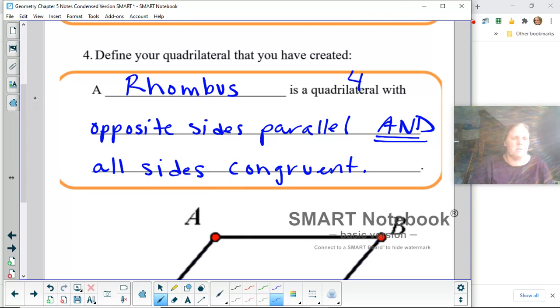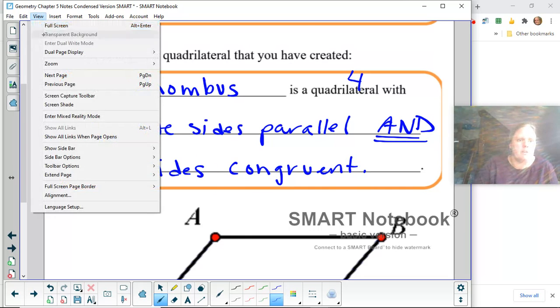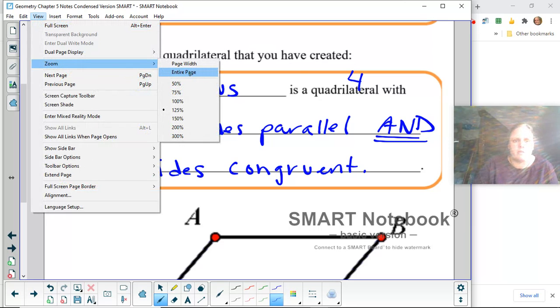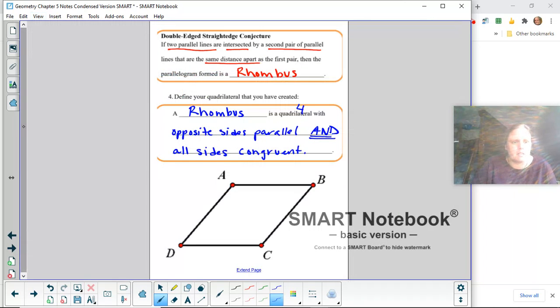So what we can do now is we can take that information and put it in on our picture. So I'm going to just zoom out here so we can see the whole picture. And first thing I'm going to mark is that the opposite sides are parallel. So here is my special rhombus. And to make those opposite sides parallel, I'm going to do those arrows showing that they're going in the same direction.